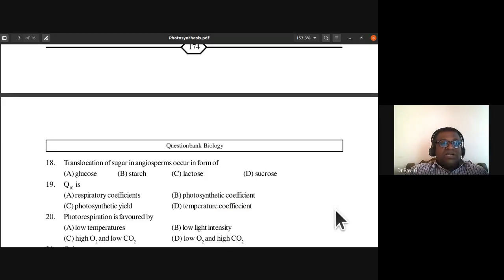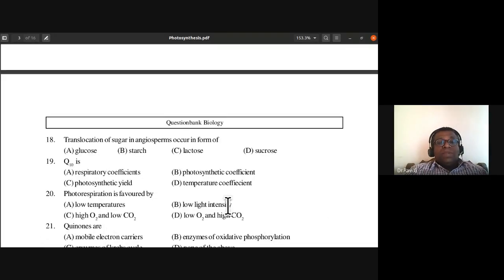Photorespiration is favored by which of these factors: low temperature and low light intensity, high oxygen and low carbon dioxide, or low oxygen and high carbon dioxide? See, photorespiration is favored by high oxygen and low carbon dioxide concentration.